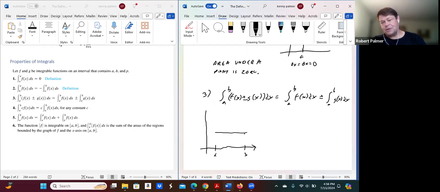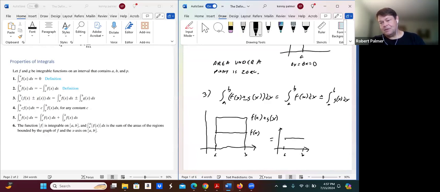So right here, this constant function between a and b, if this is f of x, and let's say as we go up a bit higher, if I add something to f of x at each point, this is f of x plus g of x. I make these pictures a little bit small, but hopefully you get the idea.